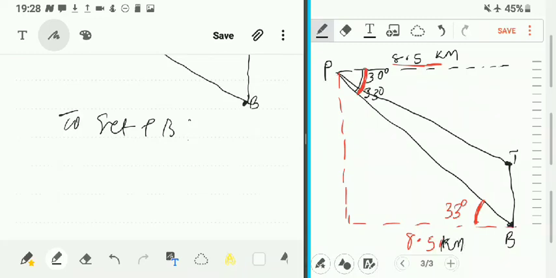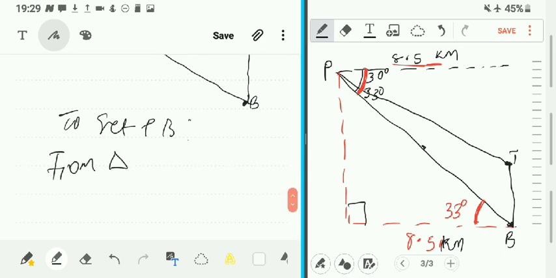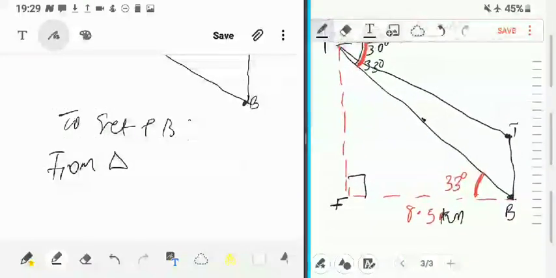Now we want to get PB. This line here. This is 90 here. So how do we do that? We can easily do that. Now the side that we're looking for, let me call this F, the foot.